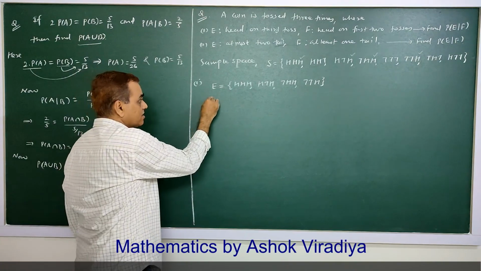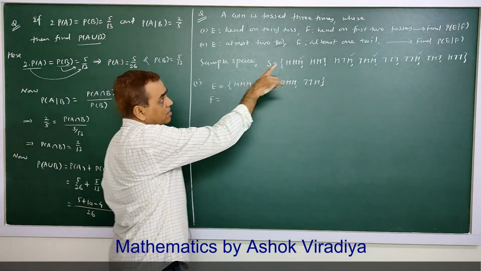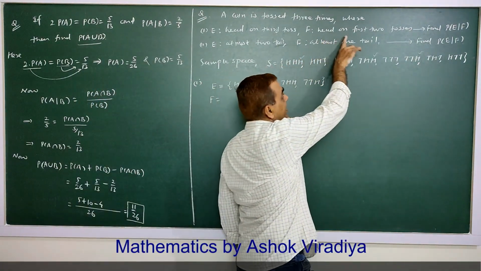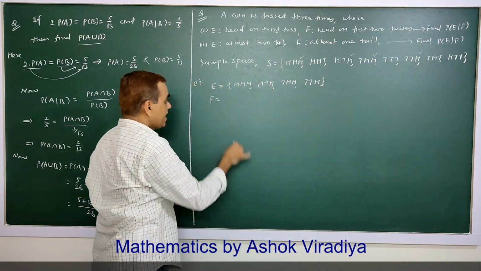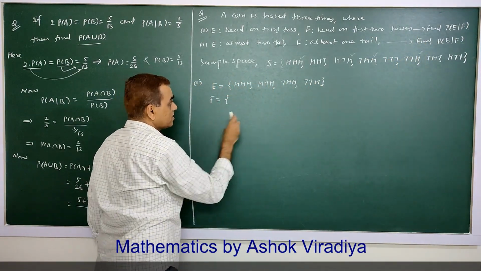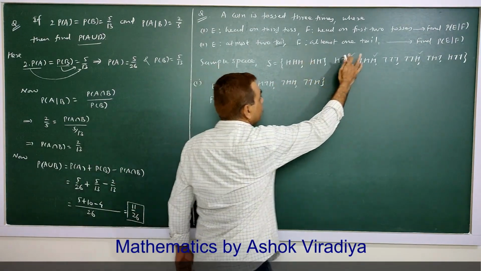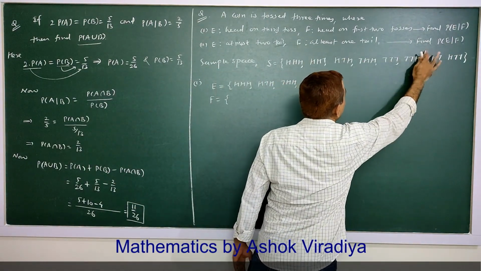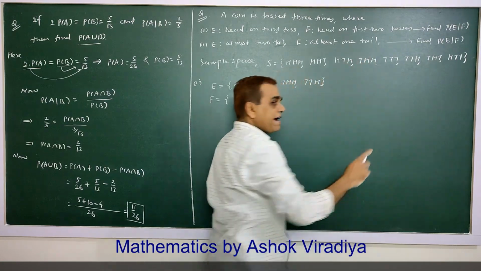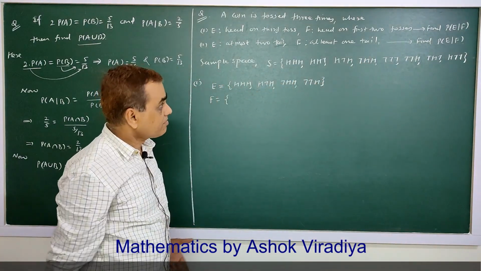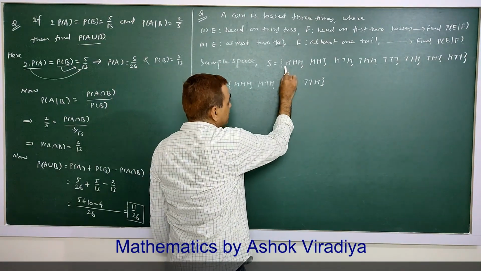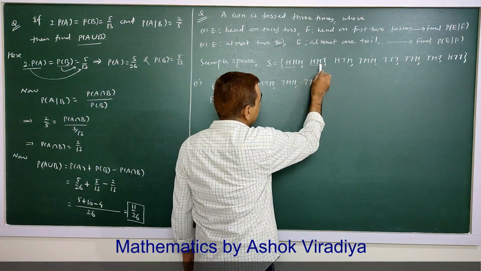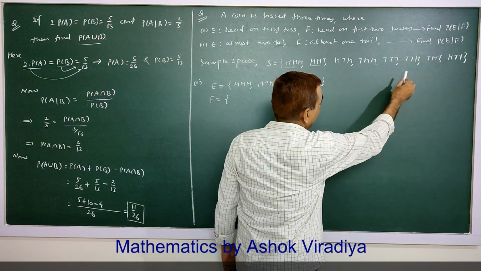F is event that head on first 2 tosses. So say, now look again. Every time we check property for every element of sample space. Head on first 2 toss.